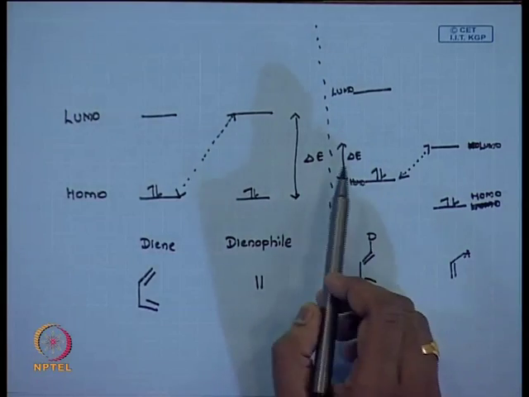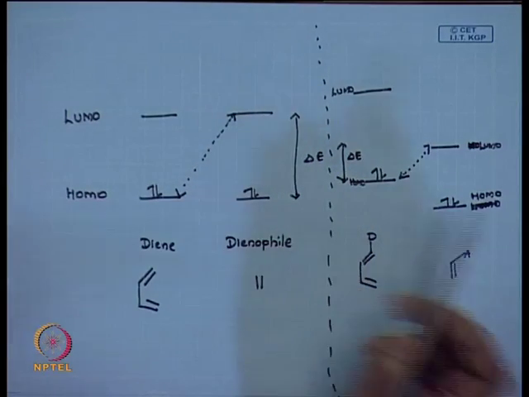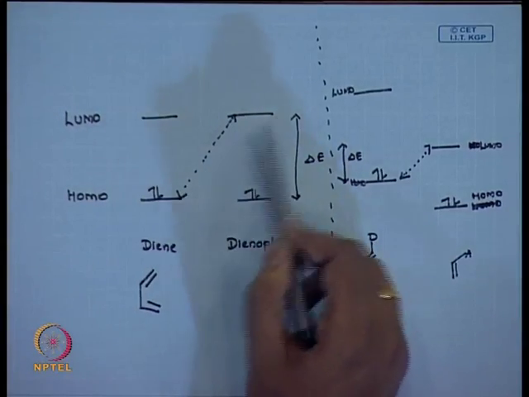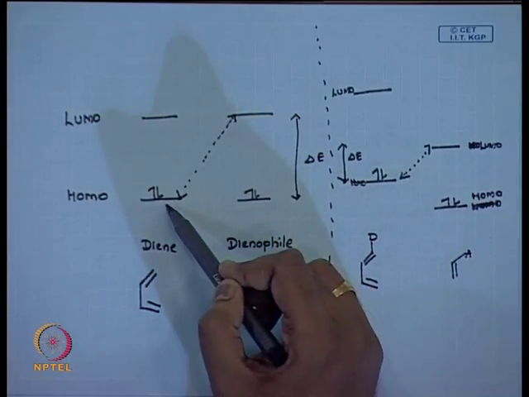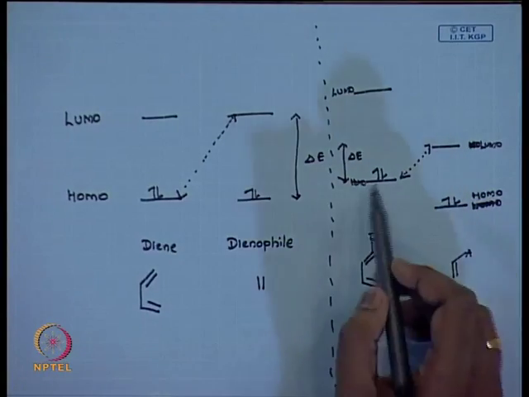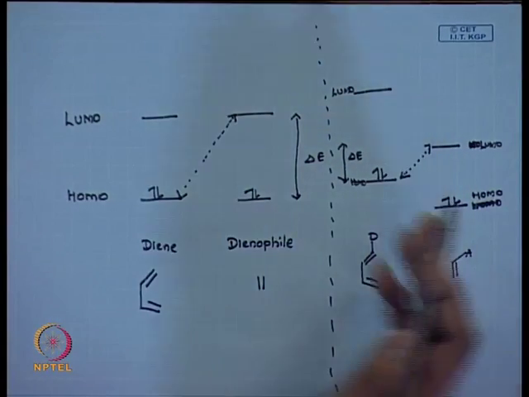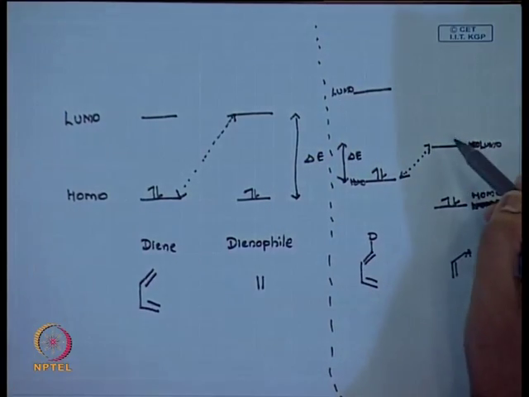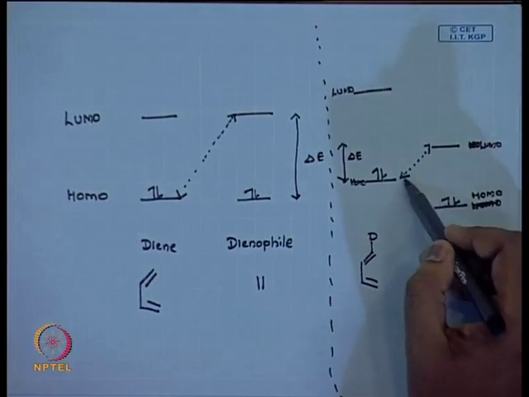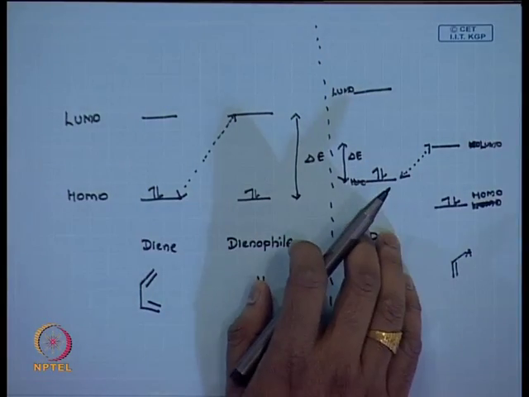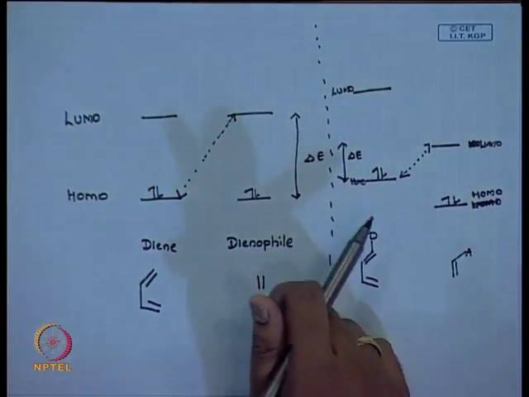So, you can easily see now why the reactivity changes. In the initial case, you had so big an energy difference between the HOMO of your diene and the LUMO of your dienophile. Here you can see once you have a donor, the HOMO energy lifts up, and if you have an acceptor, then the energy of the LUMO comes down, and now the energy gap is very small compared to the initial case, and the reactivity of your Diels-Alder is much faster. Okay.